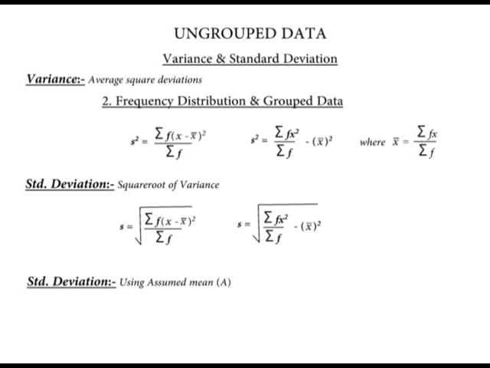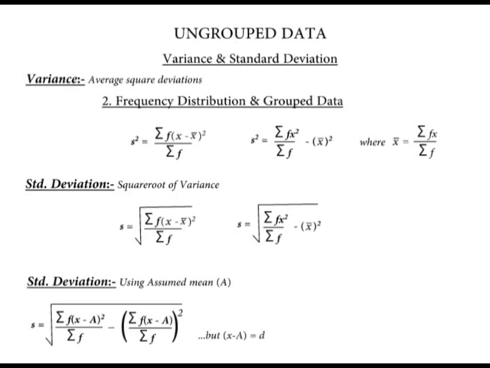Standard deviation will be equal to the square root of summation of f times x minus a squared over the summation of frequency, minus the summation of f times x minus a over summation of frequency, everything squared. But given that x minus a is equal to d, the standard deviation formula becomes the square root of the summation of fd squared over the summation of frequency, minus the summation of fd over summation of f, squared.